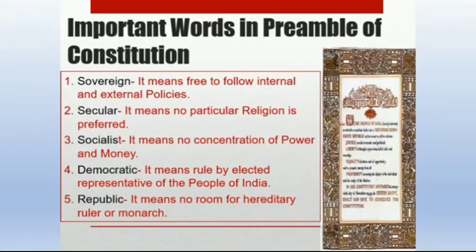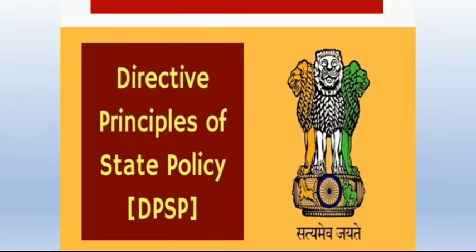It means rule by elected representatives of the people of India. Republic. It means no room for heredity, ruler or monarch. That means the leader will be chosen by all the people of the country. There will be no kings or queens.